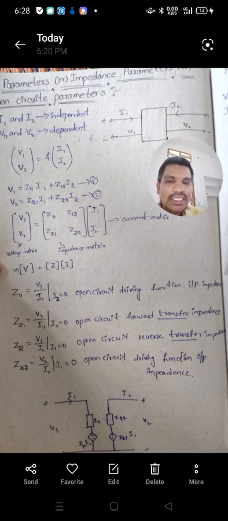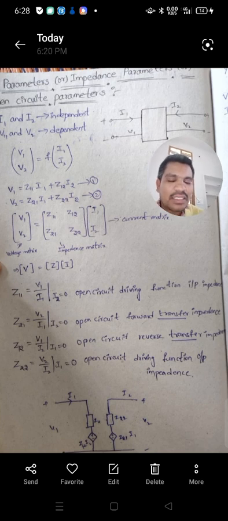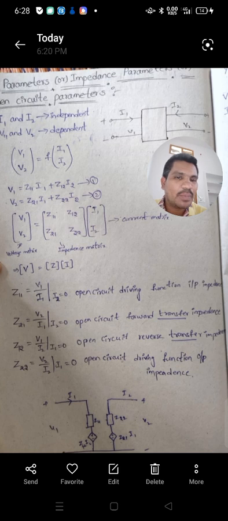So this Z11 is called the open circuit driving point input impedance, because the input voltage is divided by the input current.